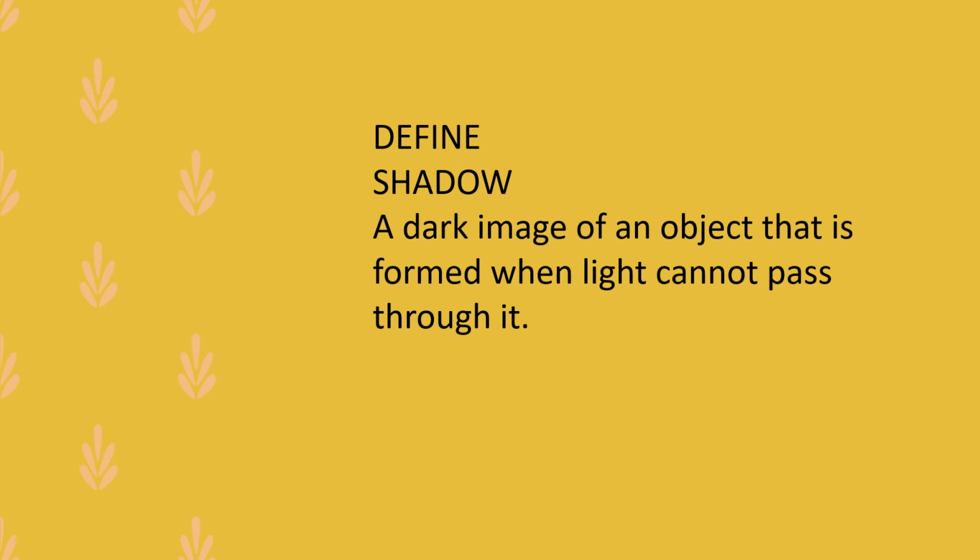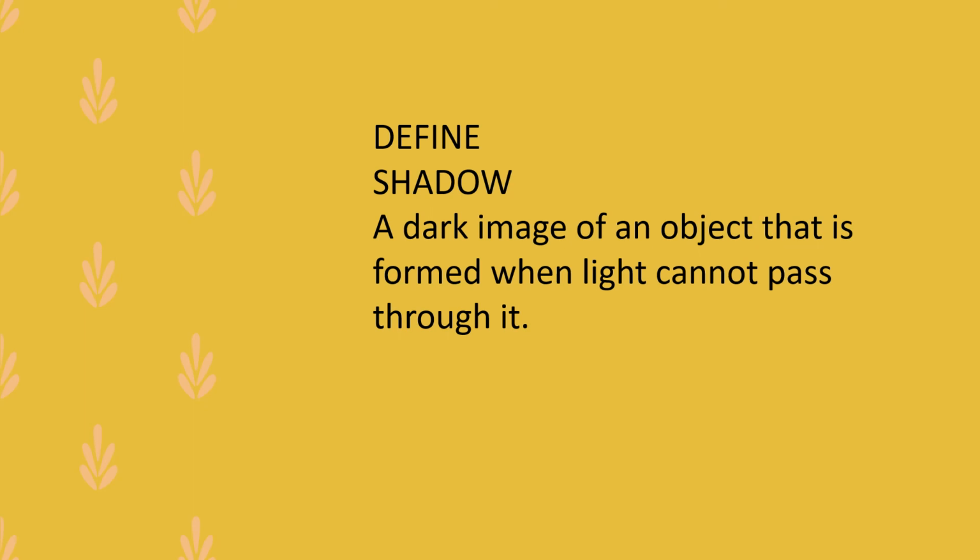Next is define. Define shadow. Children, here we need to explain what a shadow is. A shadow is a dark image of an object that is formed when light cannot pass through it.